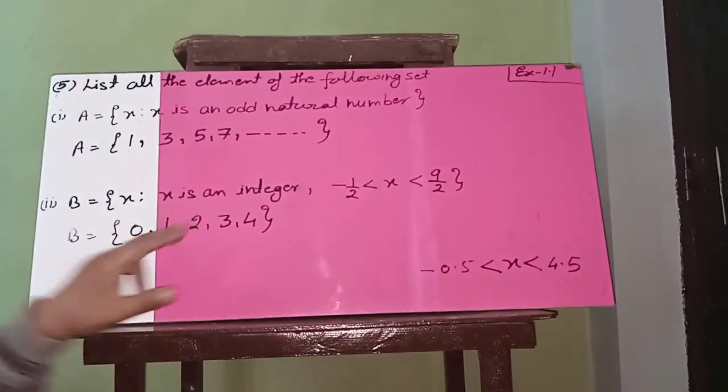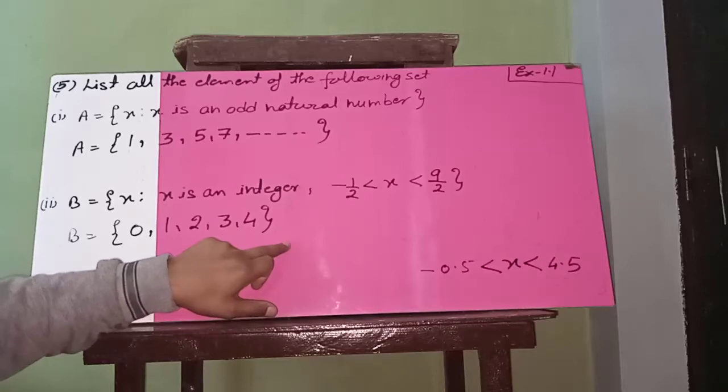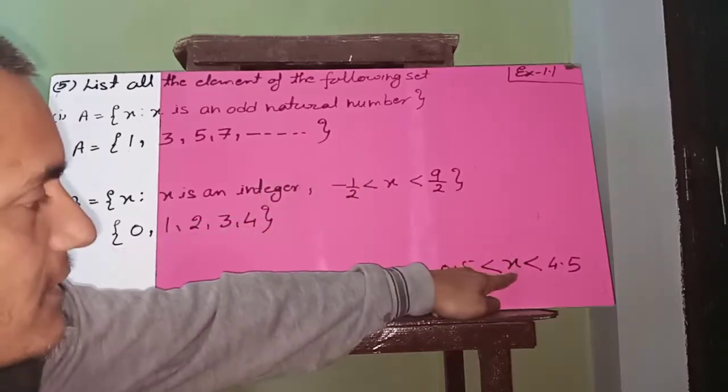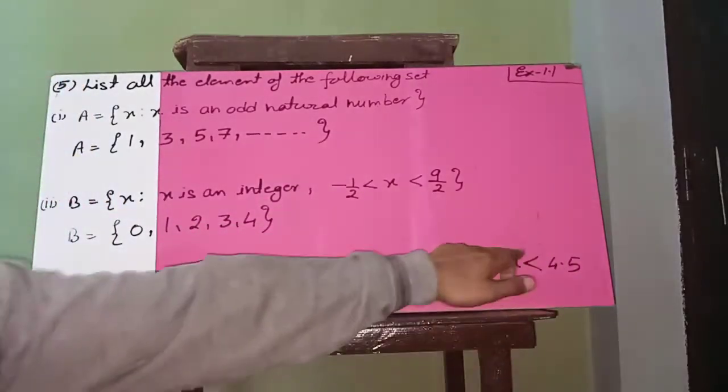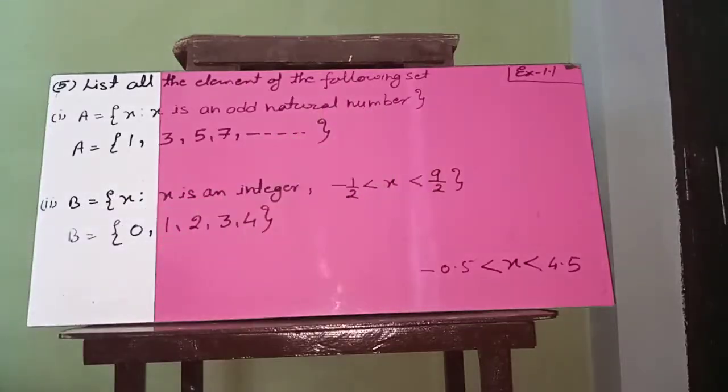In this set 5 is not an element, because x is less than 4.5. Very easy.